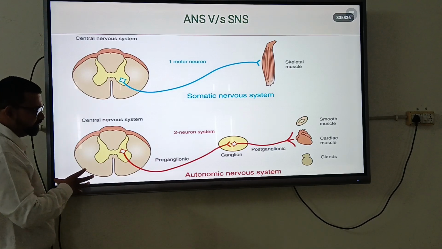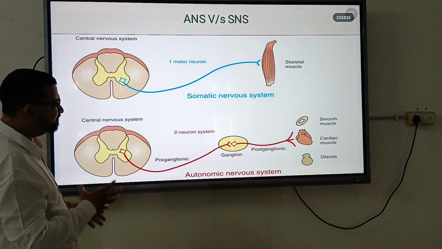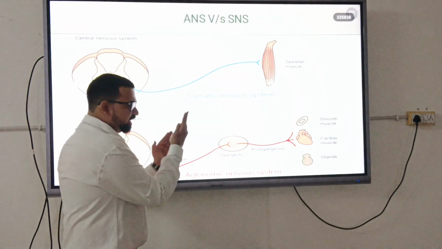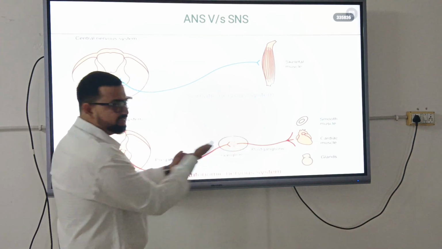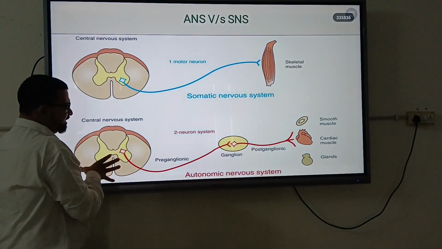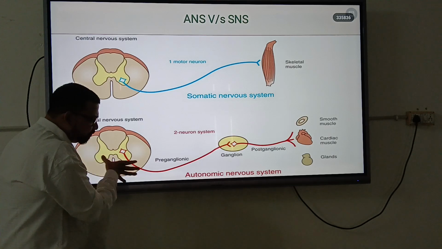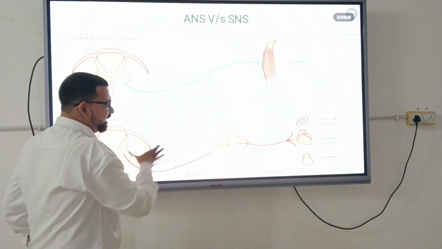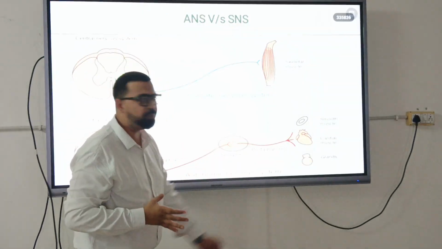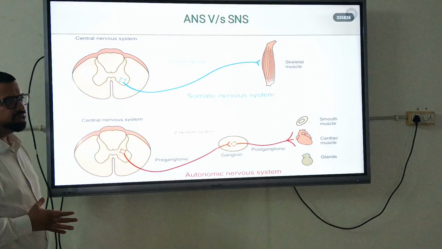The autonomic nervous system generally has three parts: preganglionic, ganglionic and postganglionic. The signal first moves from the preganglionic part, reaches the ganglionic part, and then shows its action in the postganglionic part.